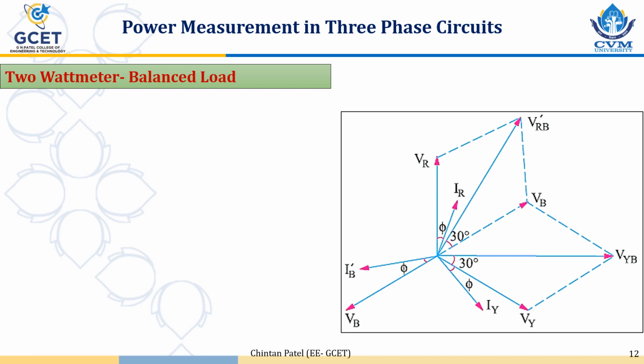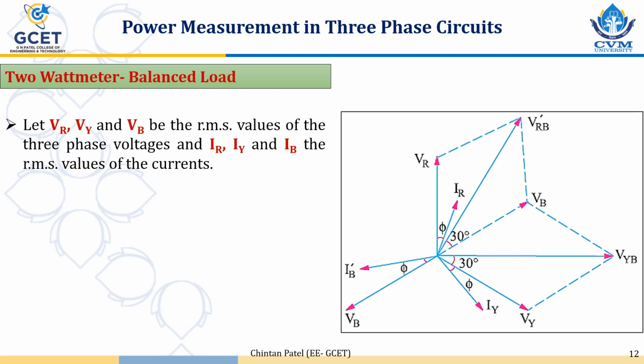And we can draw the vector diagram for balanced load. So let VR, VY and VB be the RMS values of three-phase voltages, and IR, IY and IB the RMS values of three currents. You can see here, this is VR, at 120 degrees VY, at 120 degrees VB.